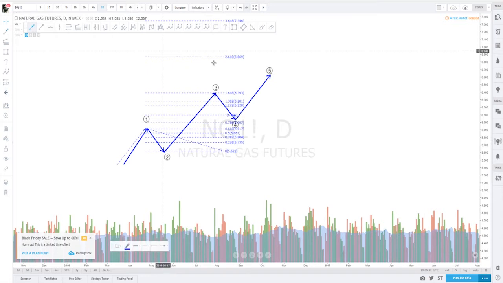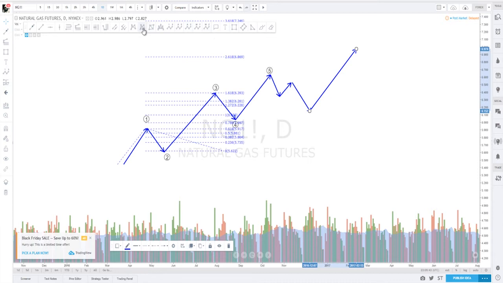Then you have a correction, usually A, B, C, D, and all of this began because of this correction, because most of the time this was obviously a Gartley pattern.